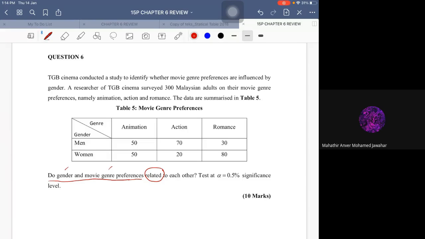Different terms could be used. The question could ask, are they independent of each other? Is there a relationship between gender and movie preferences? Those are the type of words they can use to ask you to test for independence.